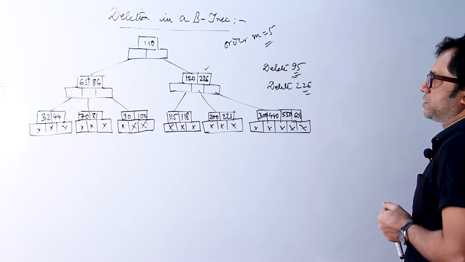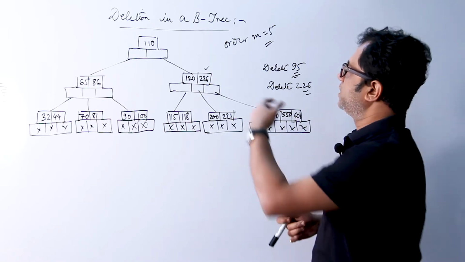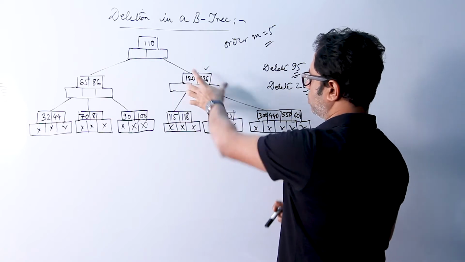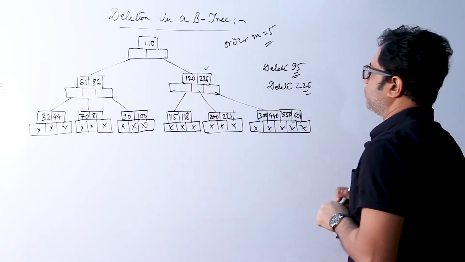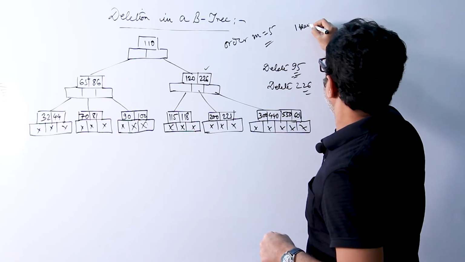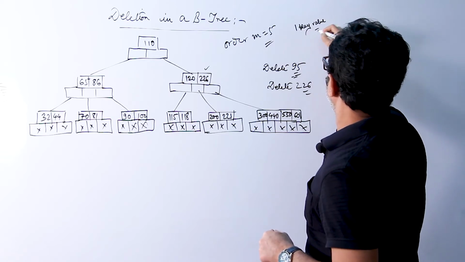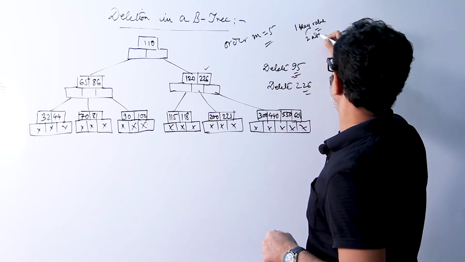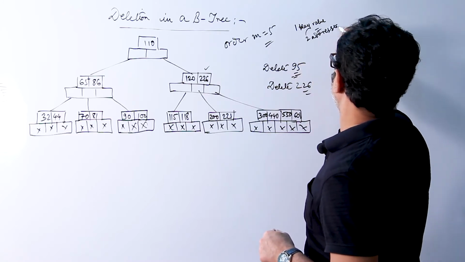But suppose we go on to delete this 226, see what happens to this entire node. It will be left with only one key value. One key value means 2 child nodes, 2 addresses will be associated with that.